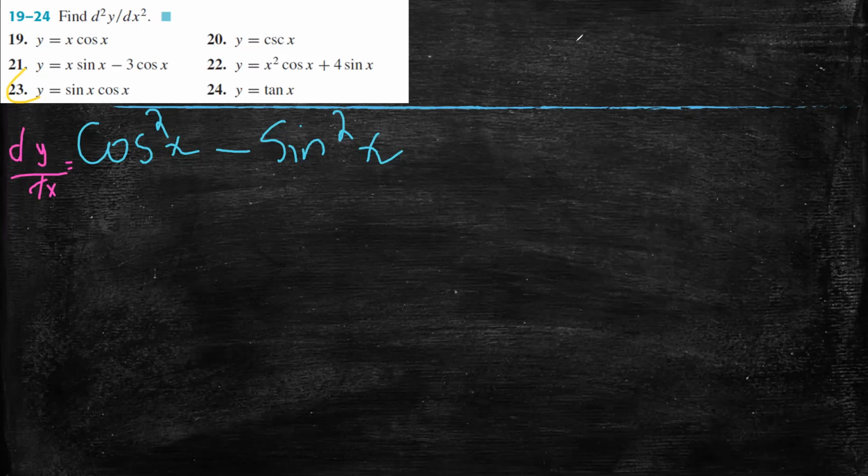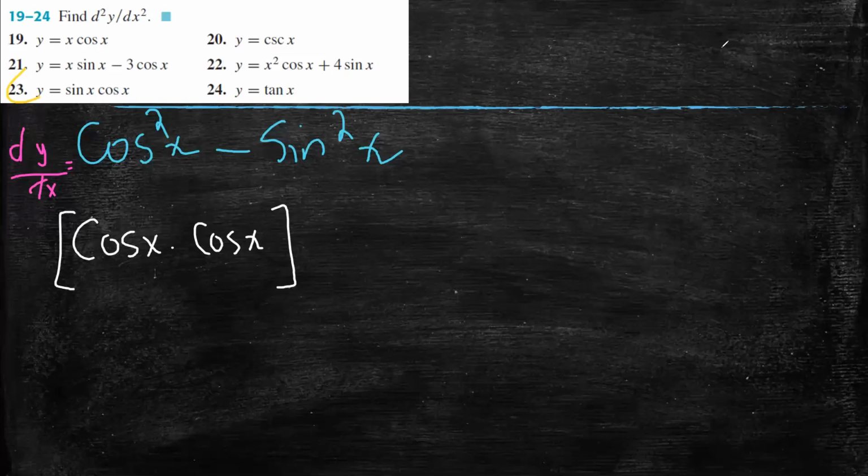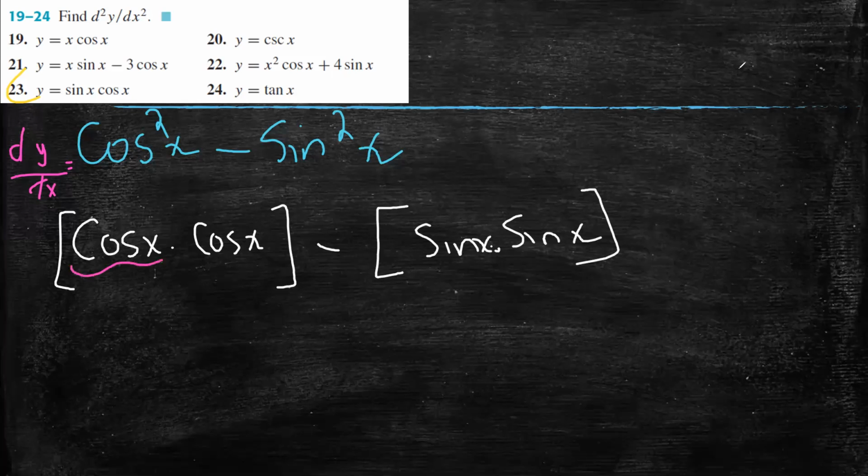But today we don't know the chain rule, so we have to find it using the product rule. The product rule here: it is cosine x times cosine x minus sine times sine. I used this one as f and this one as g, this one as f, and this one as g.